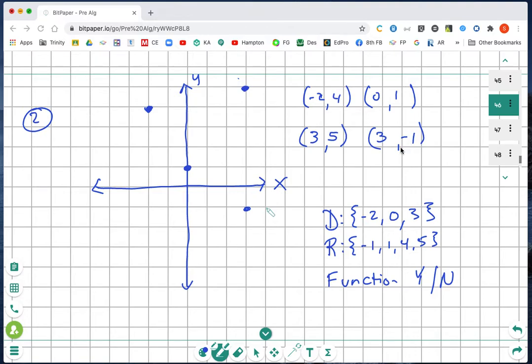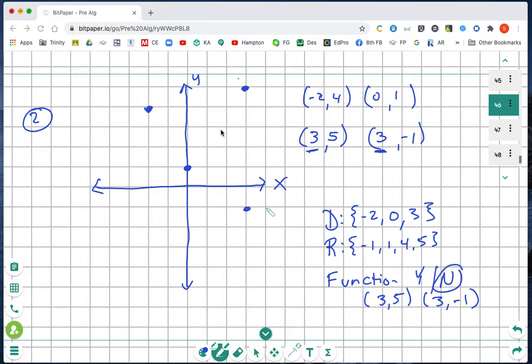Now I need to determine if it's a function. I can do two things to determine if it's a function. The first thing I'm going to look at are my ordered pairs. You're going to notice that I have 2 3's, so that should tell me that it is not a function. And then of course I would write the 2 ordered pairs that I'm using to say that no, it's not a function.